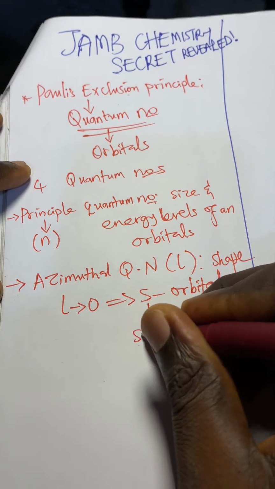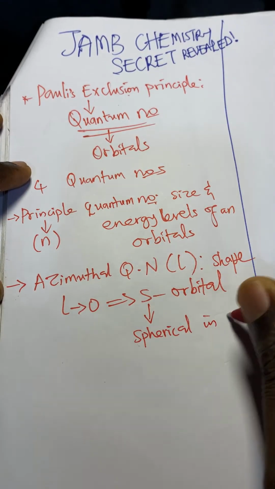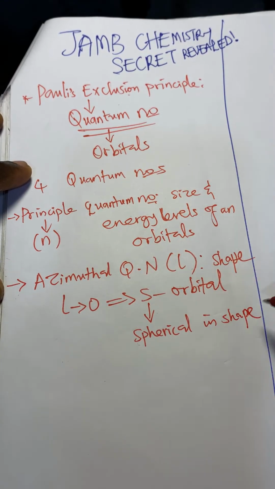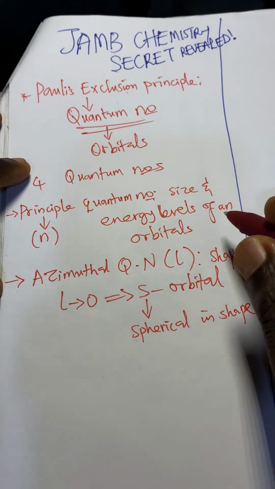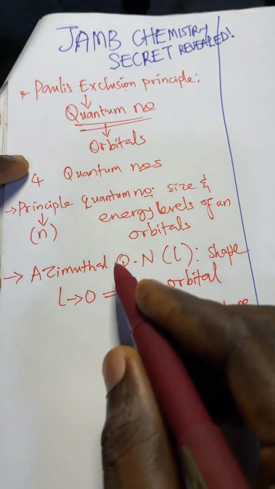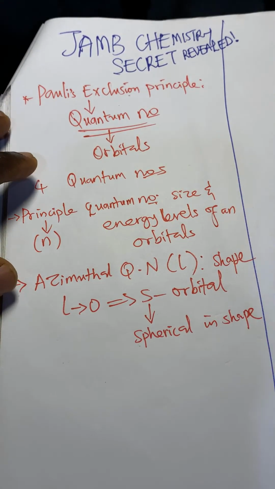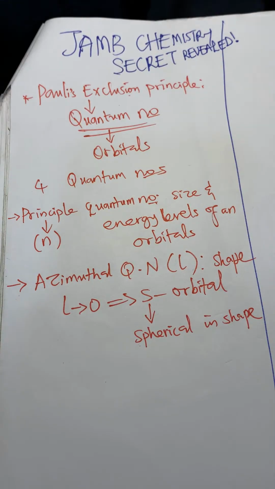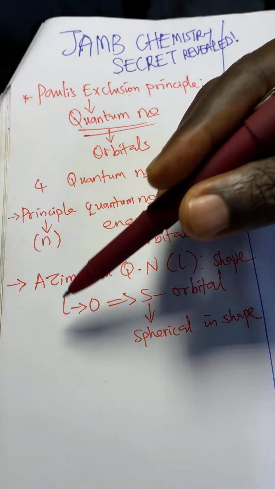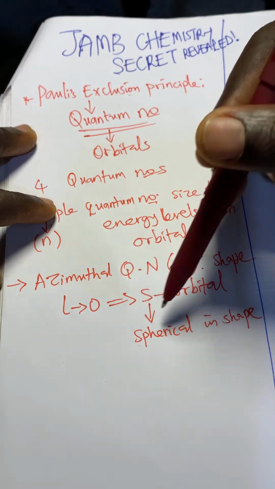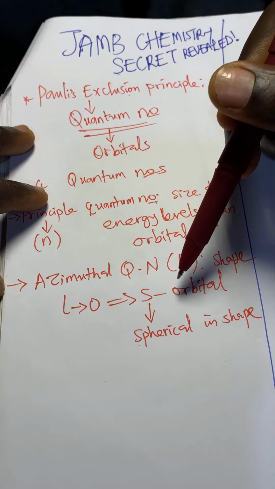The s orbital is spherical in shape. Don't forget, I said the work of the azimuthal quantum number is to determine the shape of an orbital. So when the value of l is 0, it stands for the s orbital, and the shape of the s orbital is spherical.